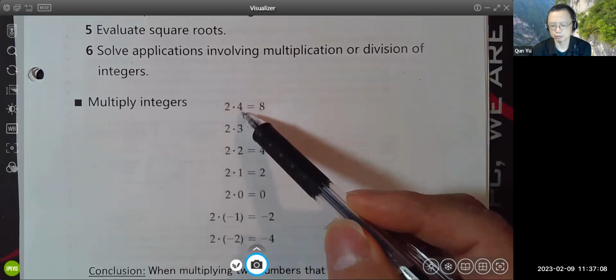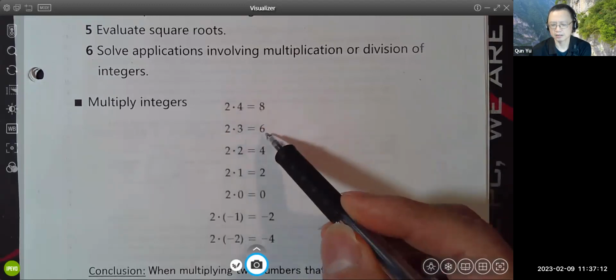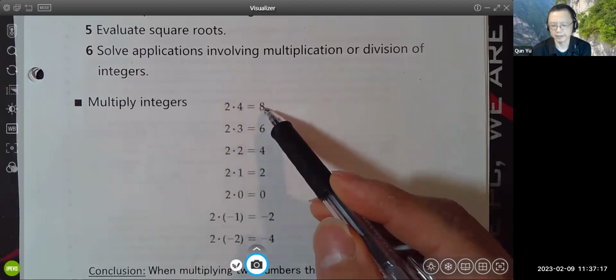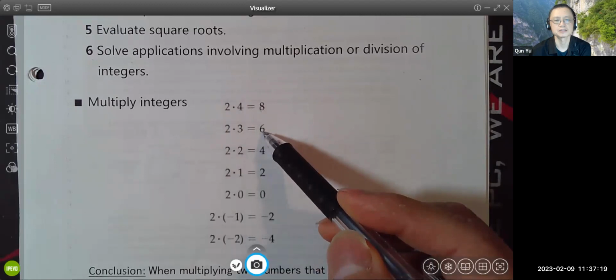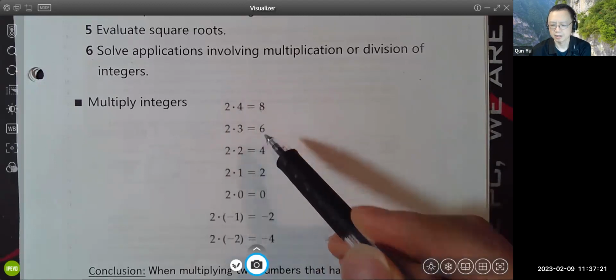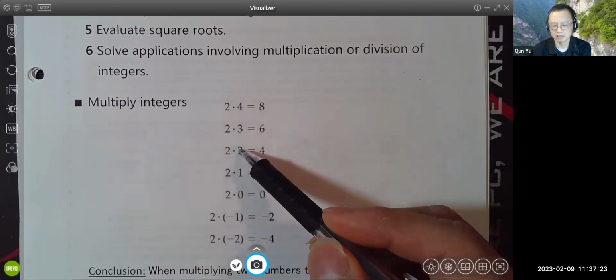Then from 4 to 3, we reduce it by 1. So the answer is 6. So the answer is reduced by 2 from 8 to 6, right? Then we reduce the second factor by another one from 3 to 2.